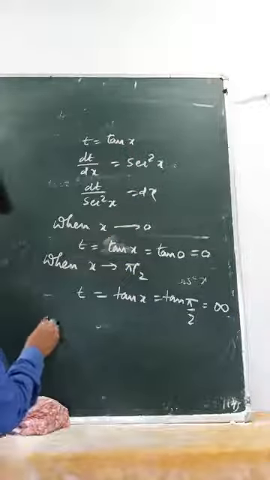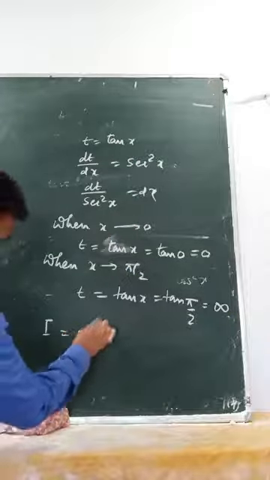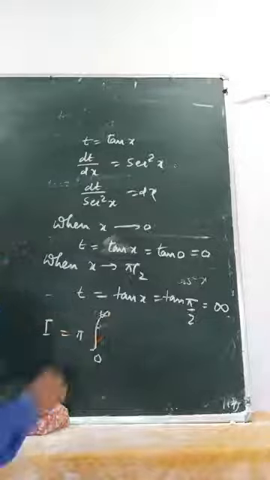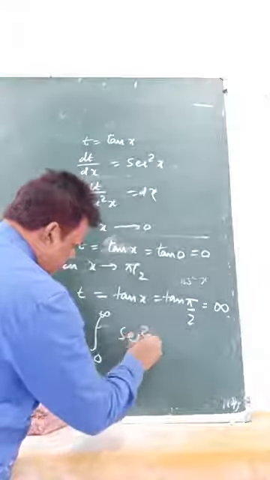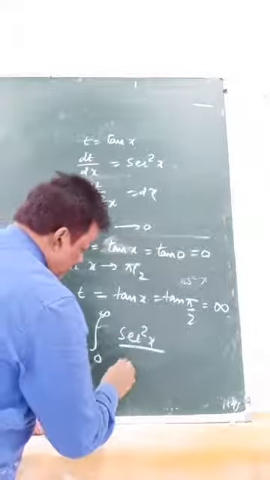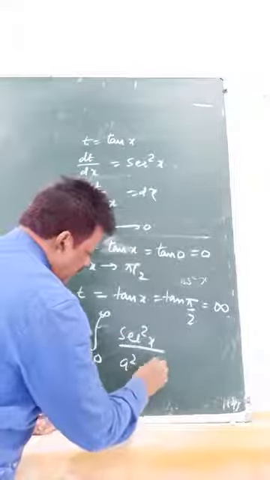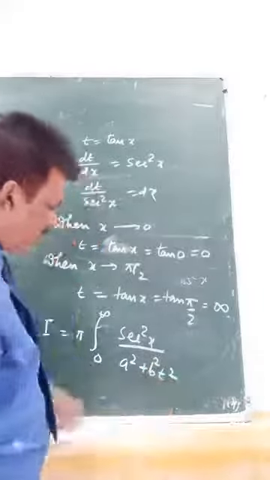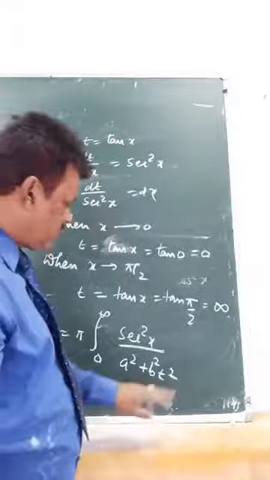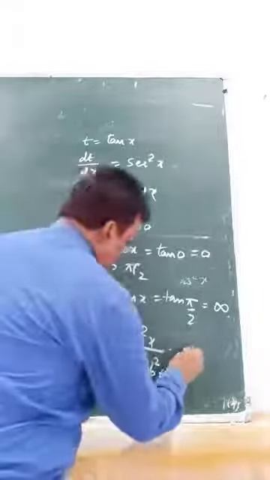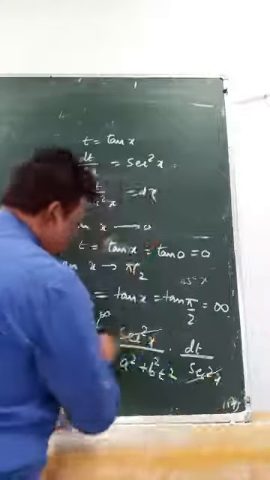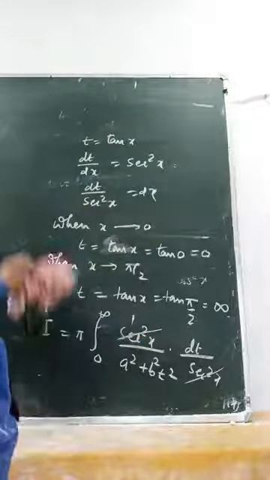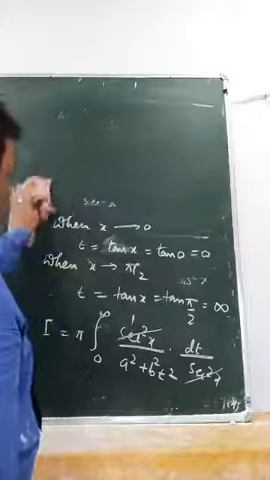So I equals pi times 0 to infinity. So the limit is changed now. Sec square x by a square plus b square t square, because tan x is t, so tan square is t square, dt by sec square x. This is cancelled. So what did you get?